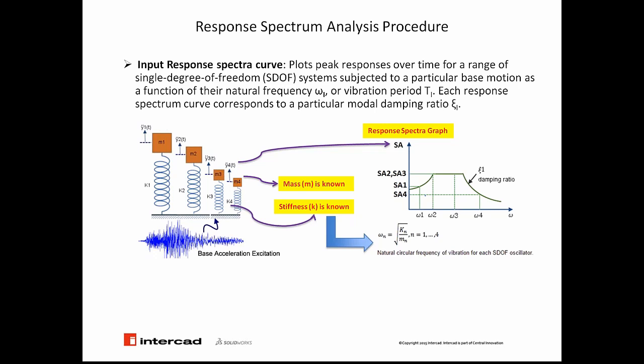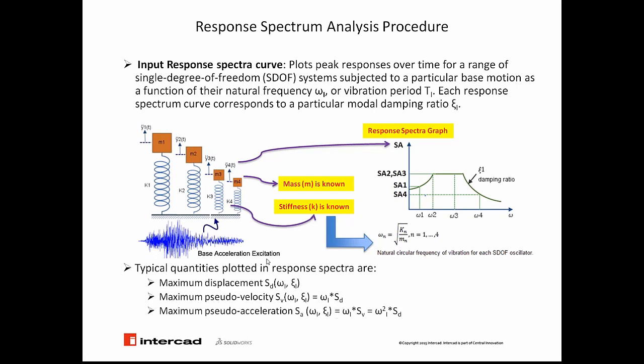Such graphs usually come from testing. Either we have an accelerometer located in our system, recording the acceleration over time and using the Fourier function to convert it to acceleration versus frequency, or the response could be plotted as maximum displacement versus frequency, or velocity versus frequency, or acceleration versus frequency.